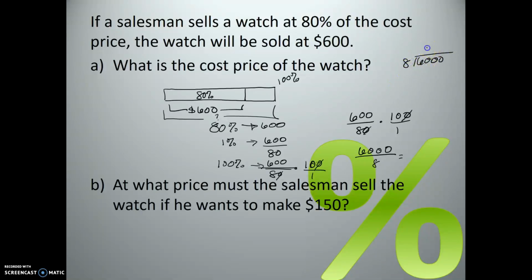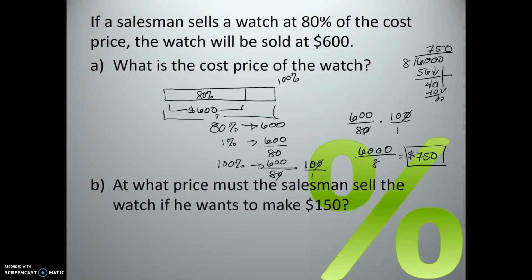So 8 goes into 60 7 times. 7 times 8 is 56. Subtract, bring down the 0. 8 goes into 40 5 times. Multiply that out. Bring down another 0. 8 goes into 0 0 times. So our answer is $750 for letter A.